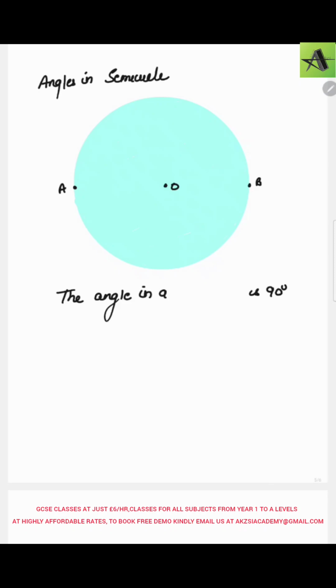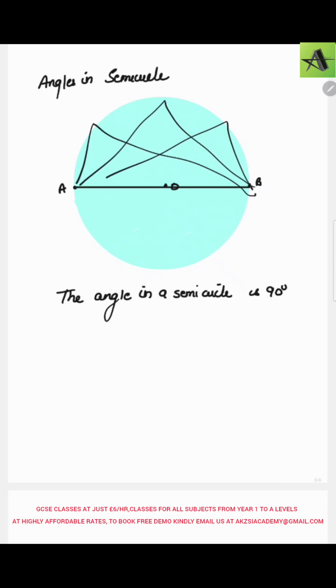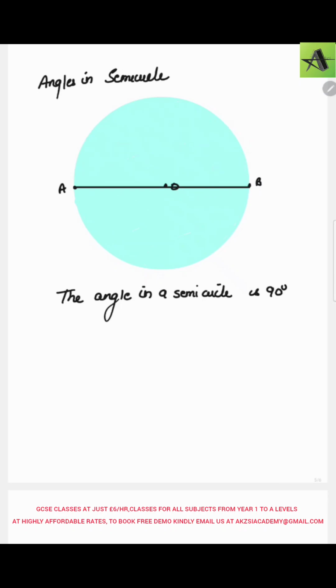That means I'm talking about that chord which is the largest one, which is nothing but your diameter. If I join it, this will divide the whole circle into two equal halves called semicircles. If arc AB is making any angle on this semicircle, or even down there in the other semicircle, that's always going to be 90 degrees.